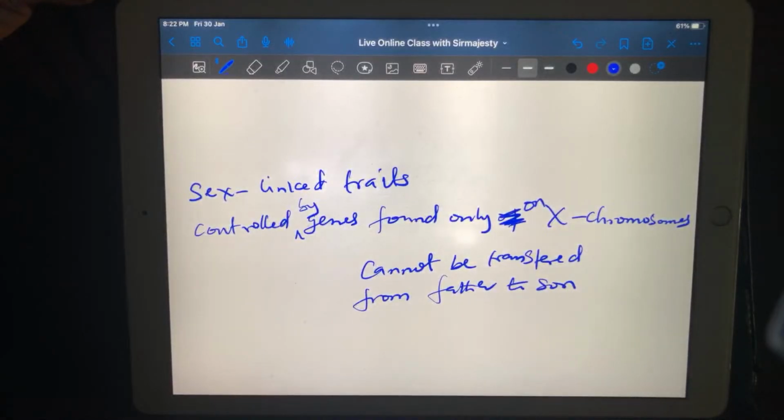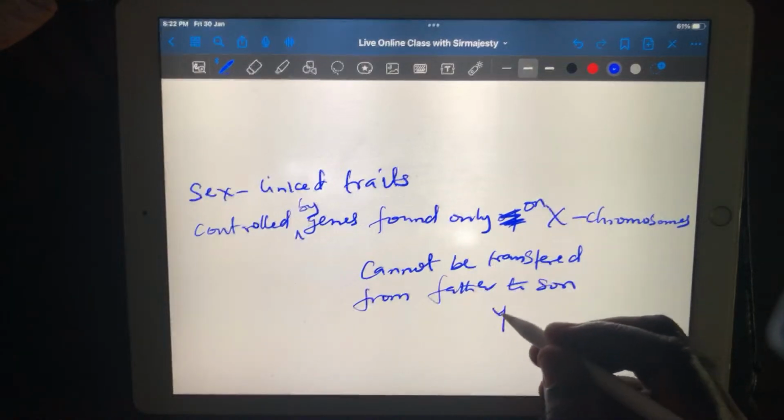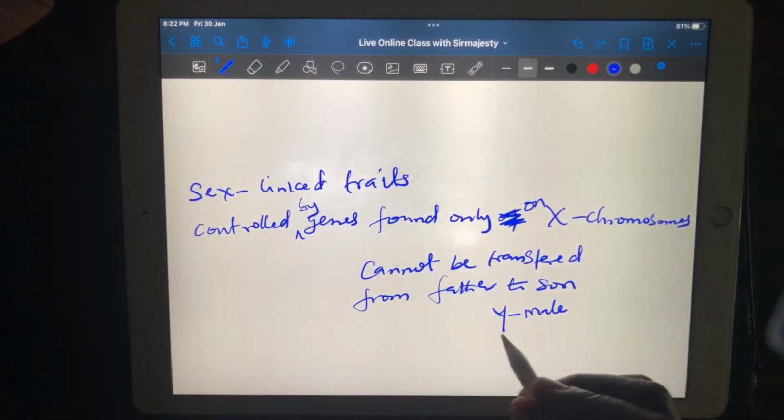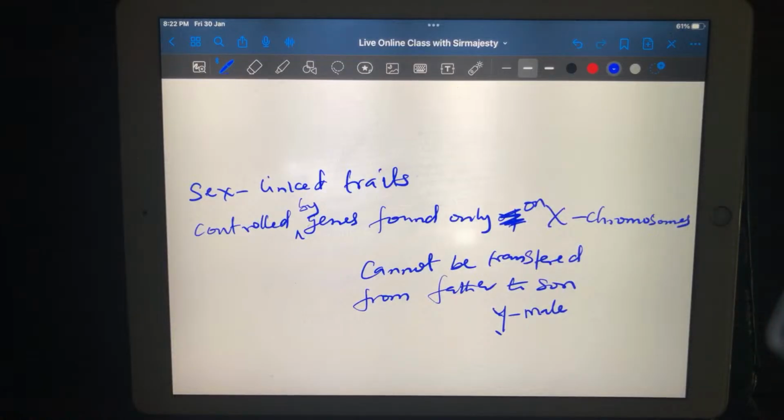The reason is that it's the man that determines the sex of a child. If a man donates Y chromosome, you are a male child. And remember I said that they are not present on Y. So when your father donated Y, you are already a male child, and there is no way he will give it to you. So it has a unique way.